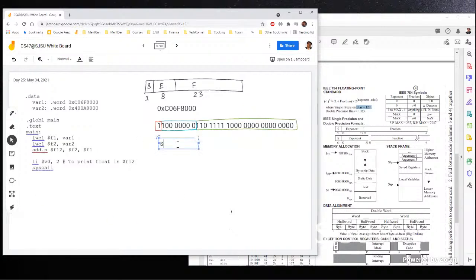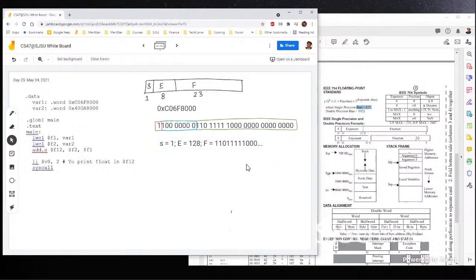In this case S equals 1, the exponent is 10000000, an unsigned value of 128, and the fraction, keeping it in binary for the time being, is 1101 1111 and the rest of them are zeros.